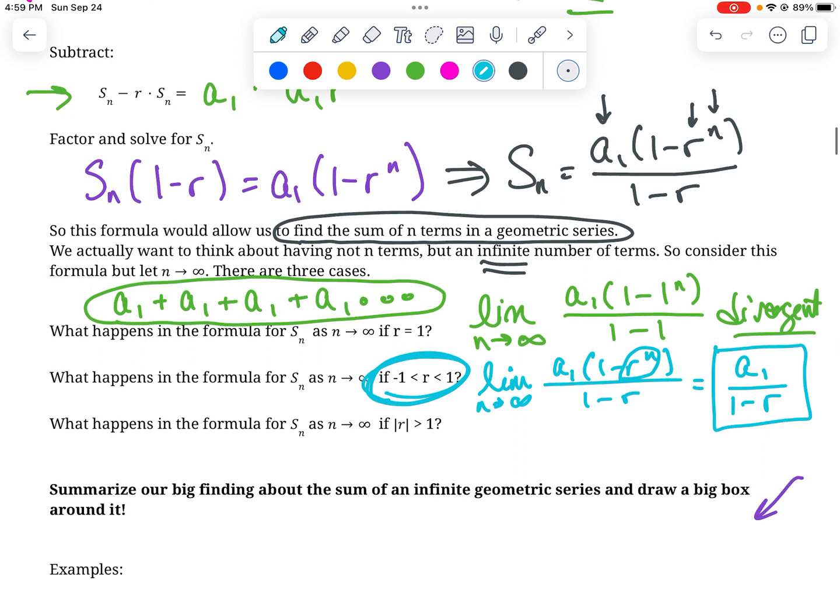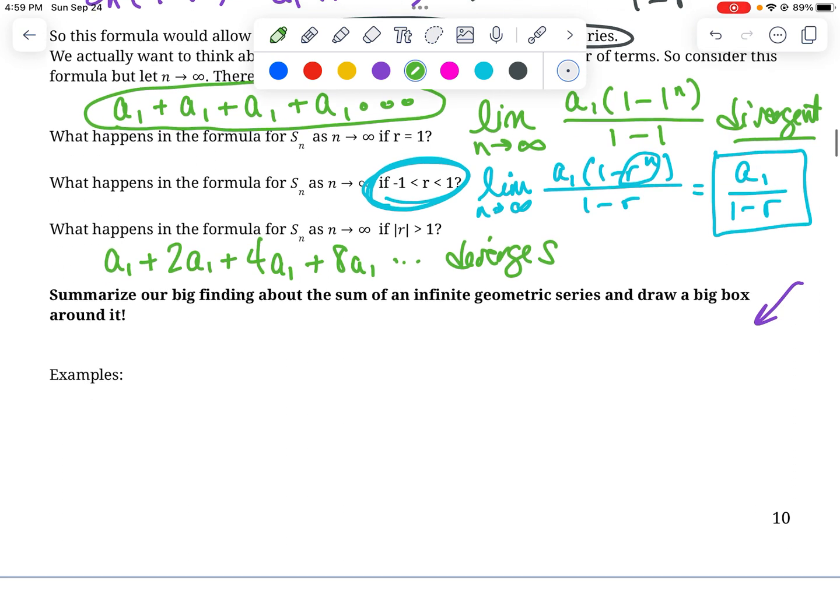If I have a number that's bigger than 1 as my ratio, like let's say 2, I'd have a sub 1, and then I multiply it by 2, and I multiply by 2 again, and I multiply by 2 again, something like that. I think you can convince yourself too that that also diverges, okay, because it's just going to get bigger, bigger, bigger all the time. So that's our big thing, okay?